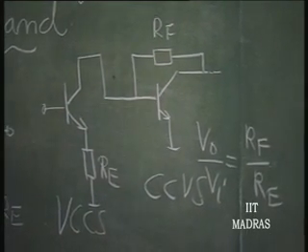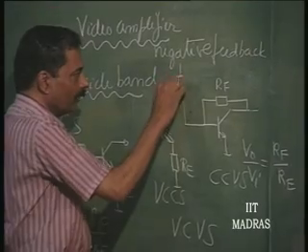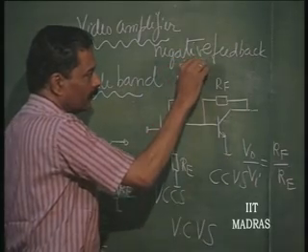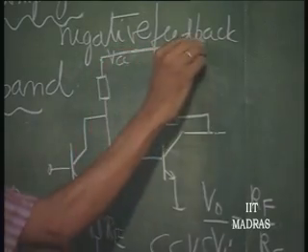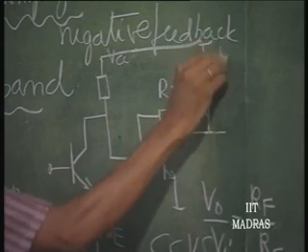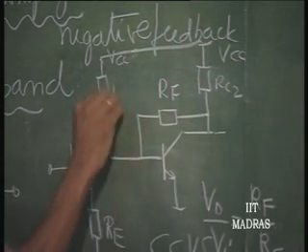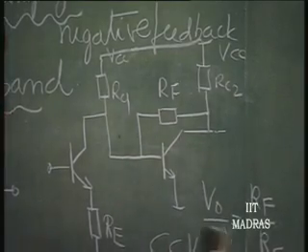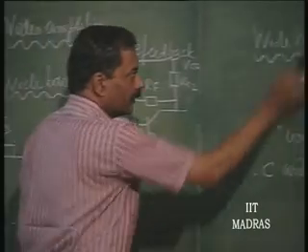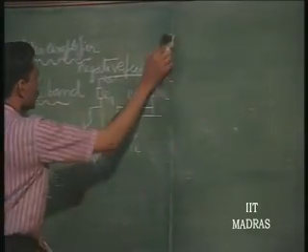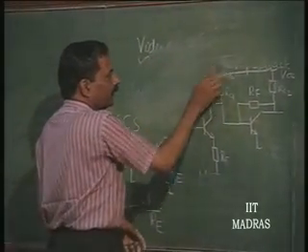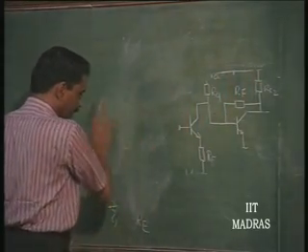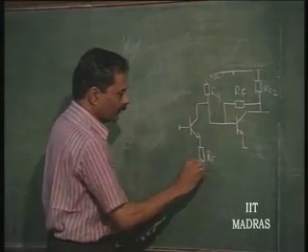So, I would just want to indicate that for biasing purposes you have to put a resistance from here and a resistance from here to VCC. So, this is RC2, this is RC1. And I just want to indicate how this can be converted into an IC without using capacitors, bypass capacitors, etc. So, let us convert this.